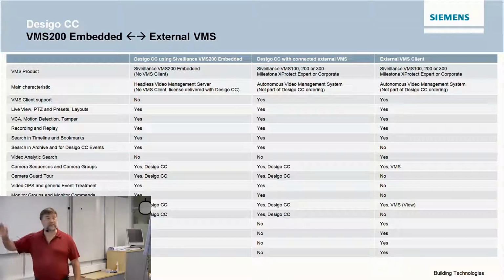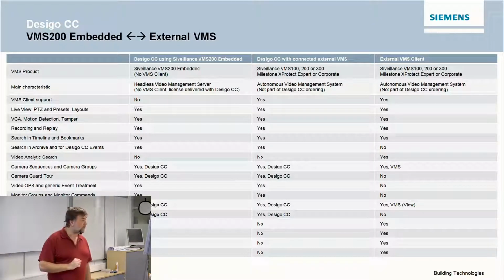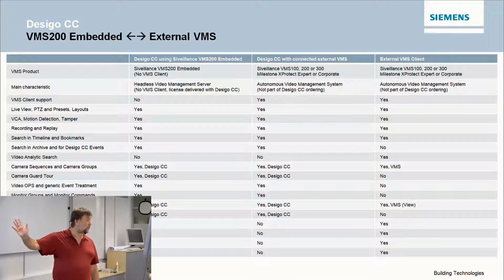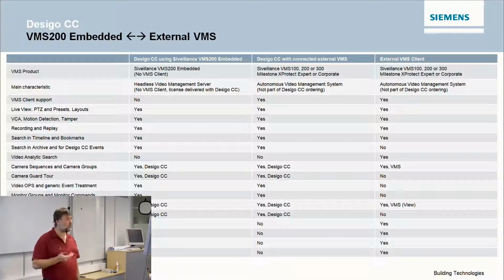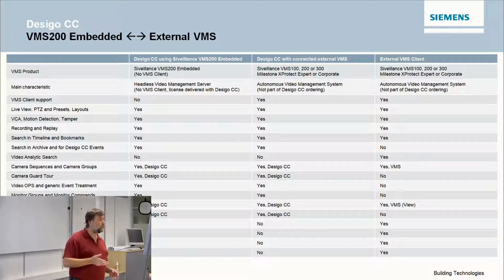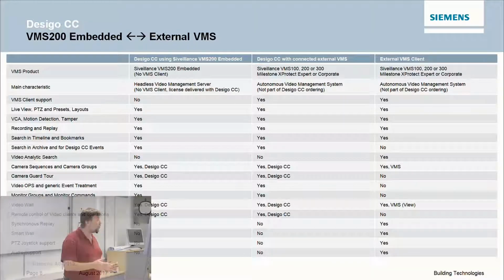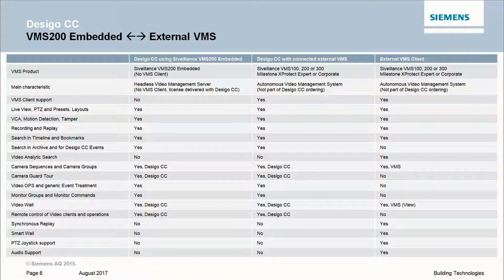These differences are listed in this table. So what is possible with the Desigo CC client? What is possible with a video client? What is possible with the combination of both? Yes, there are some things which we implemented in Desigo CC which are not possible with a video management system, typically the operating procedure steps.